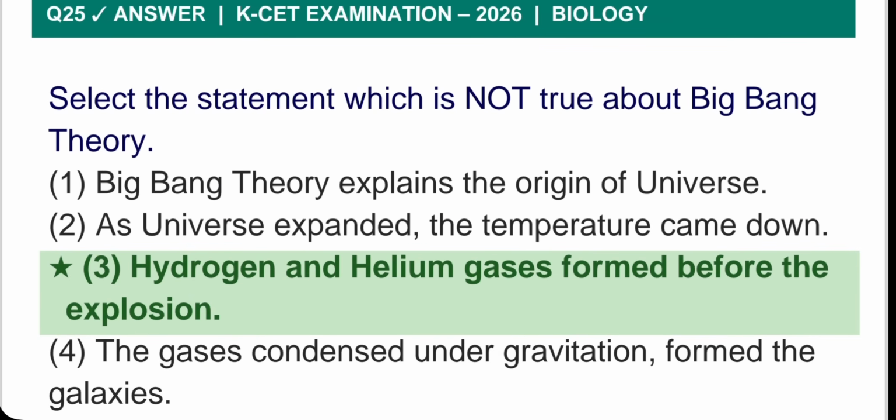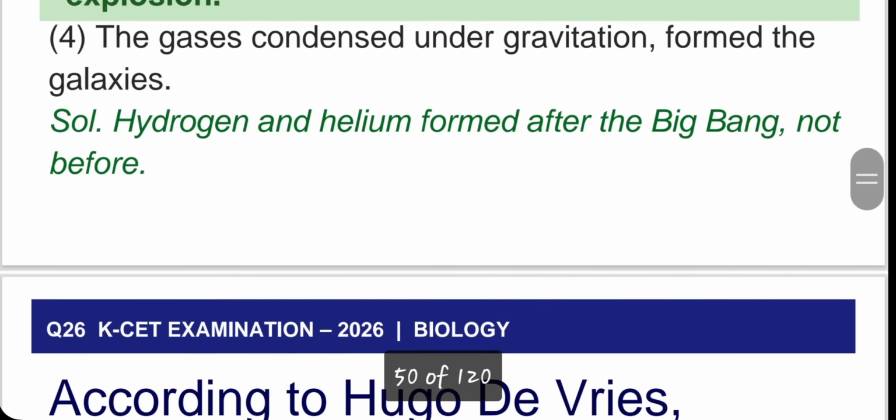The remaining statements are correct: Big Bang theory explains the origin of the universe, as the universe expanded the temperature came down, and the gases condensed under gravitation formed the galaxies. But hydrogen and helium gases formed before the explosion is wrong. They formed after the explosion.